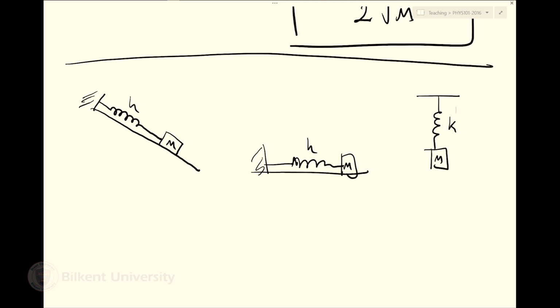Now, in which case is the length of the spring largest? In which case is it stretched the most?